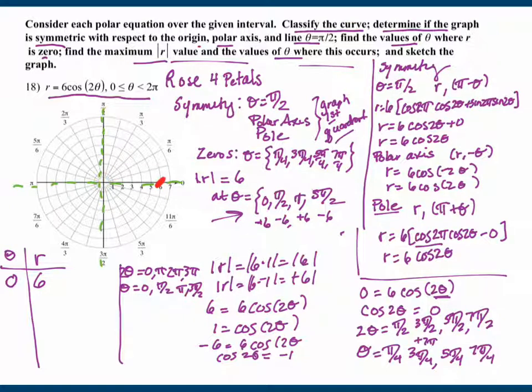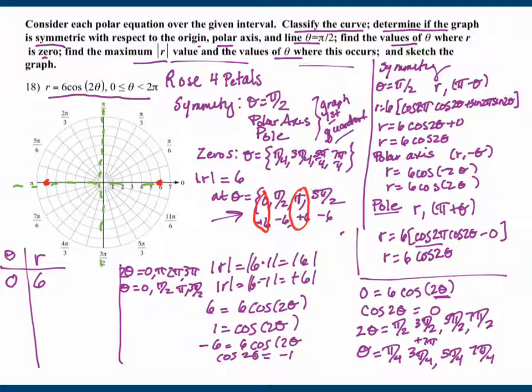Oh, that's way too big. Sorry. So 0, 6. And that means it has to be at pi 6. Okay, and we can see that. These are the two positive ones, right?